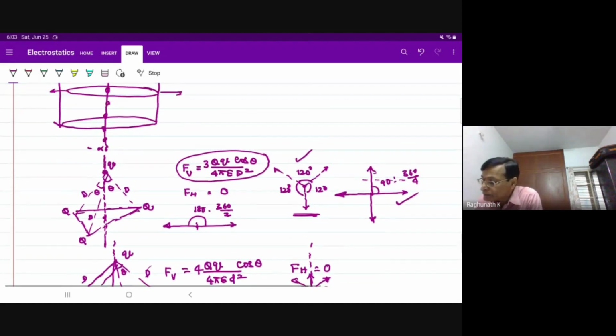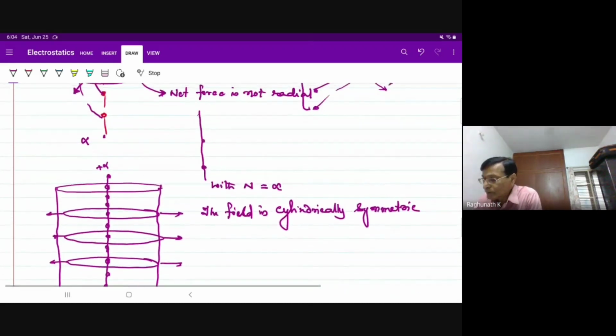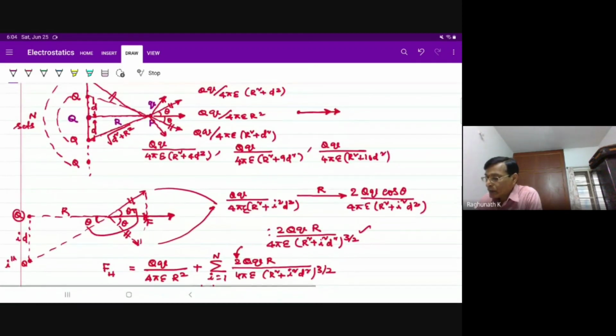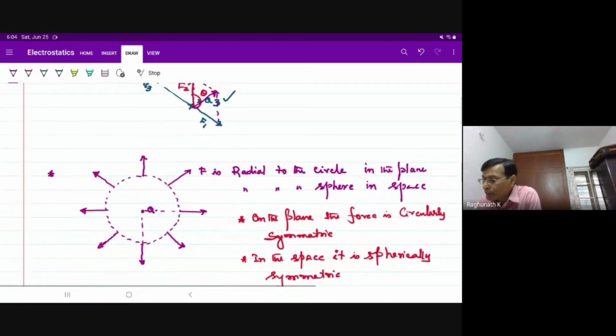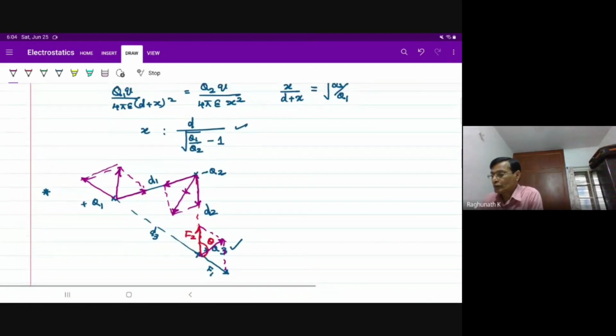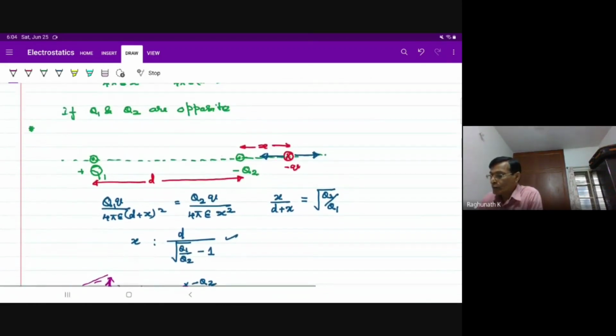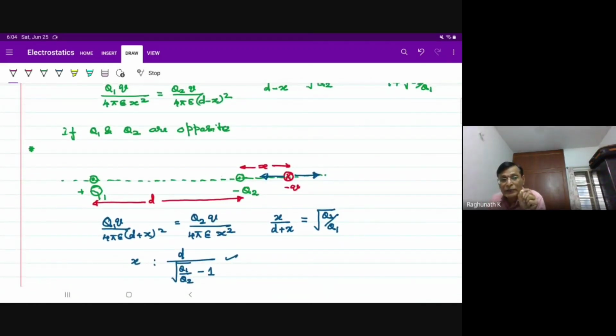Listen carefully. We spoke about Coulomb's law, first of all, as the force experienced by one point charge because of the other.